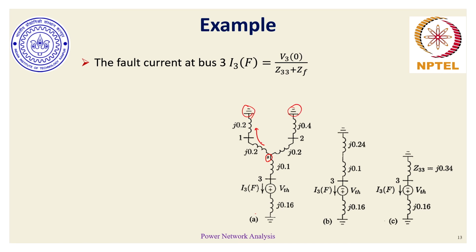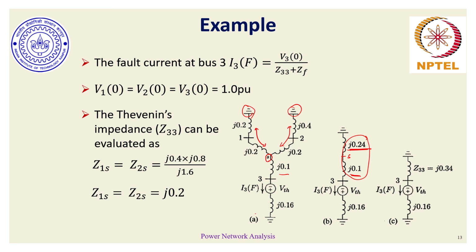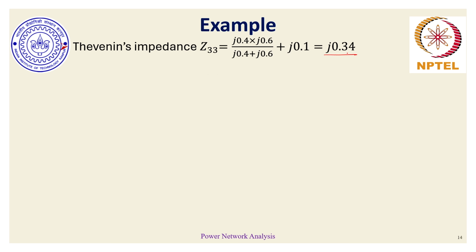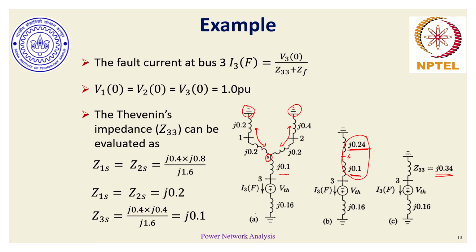One path has J0.4 impedance. The other path has J0.6 impedance, which together when equivalently obtained in parallel would result in J0.24 impedance. And now S and 3 are connected by J0.1, and this goes on. So if we combine J0.24 and 0.1, we get Z33 as J0.34, which is the one shown over here.